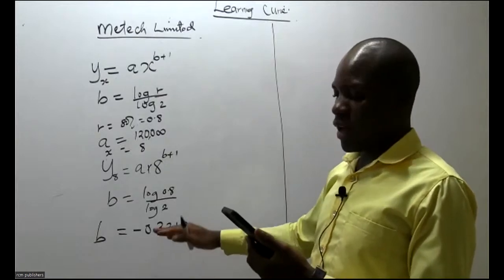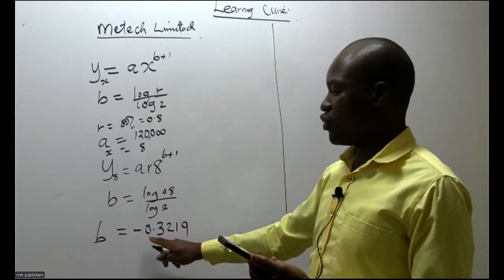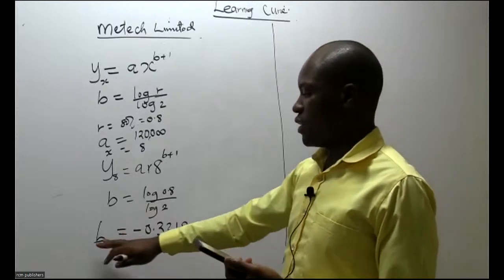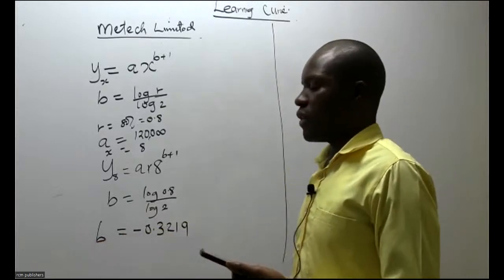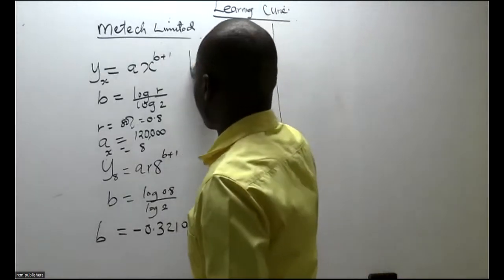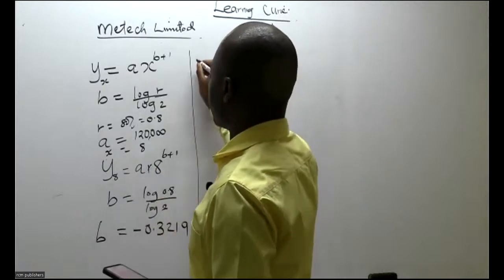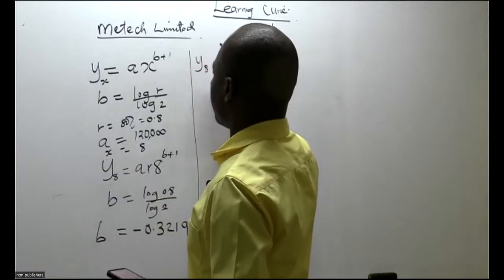Good. So normally the examiner, in some cases, will be giving you this, taking the learning effect to be this, and that is the value of b. So after getting the value of b, we now go ahead to calculate our y for the first 8 batches.